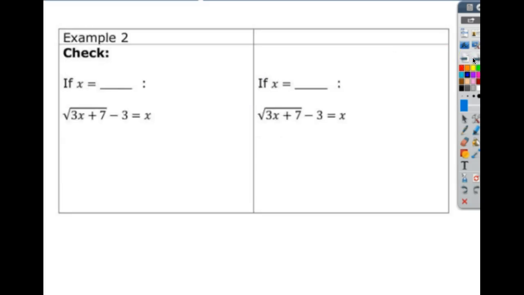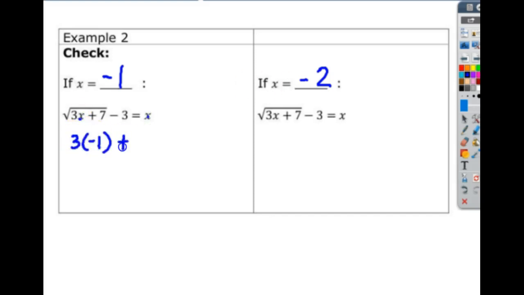So I am going to check x equals -1 and x equals -2. I check those by plugging in the -1 in place of the x.